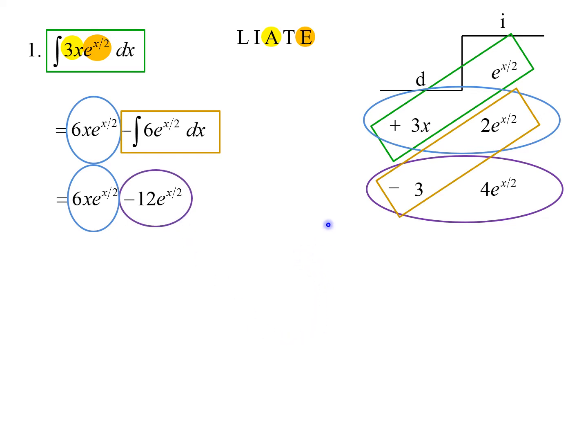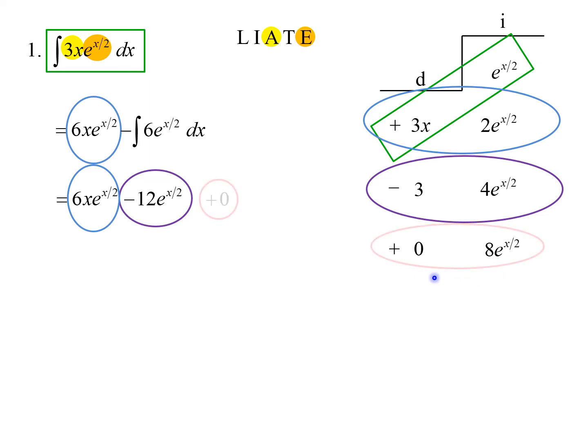So what we could do is take away this little rectangle, those two rectangles, and do our integration by parts like this, where we say the integral of that green thing is, then we have the blue circle and the purple circle. Now, we could have kept taking derivatives in this derivative column and integrating in the integral column, and then we put the plus there, and that product is just going to be 0 times something, which is 0.